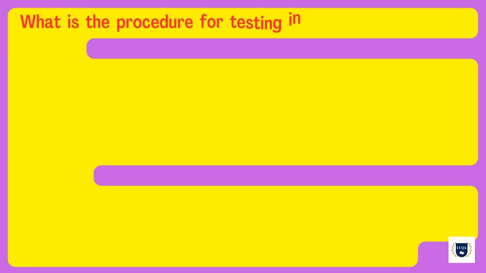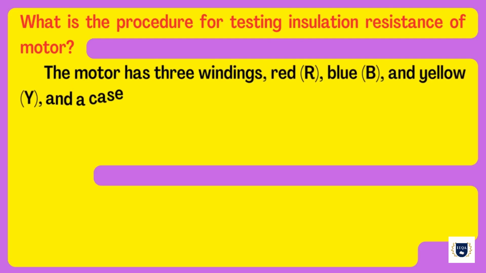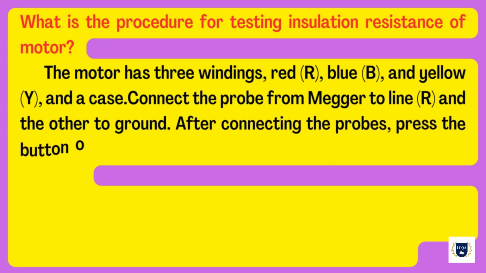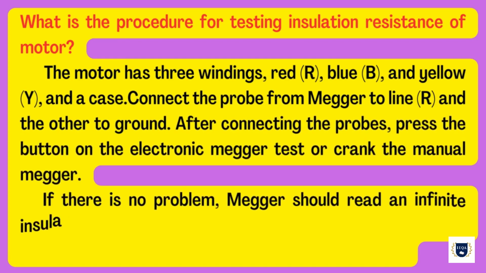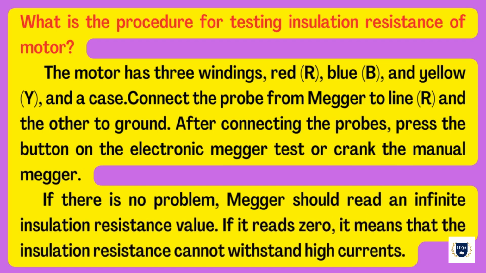What is the procedure for testing insulation resistance of a motor? The motor has 3 windings, red, R, blue, B, and yellow, Y, and a case. Connect the probe from the Megger to line R, and the other to ground. After connecting the probes, press the button on the electronic Megger or crank the manual Megger. If there is no problem, the Megger should read an infinite insulation resistance value.